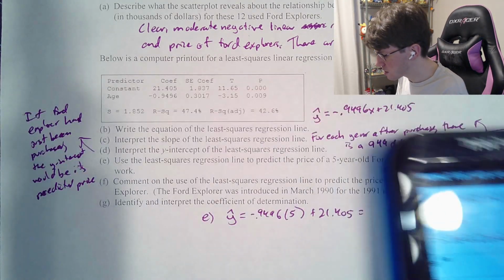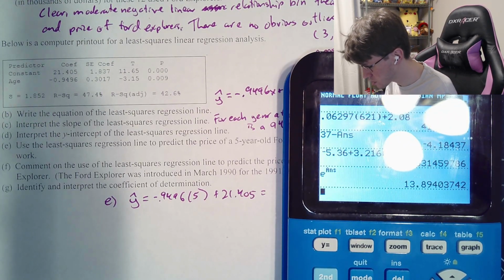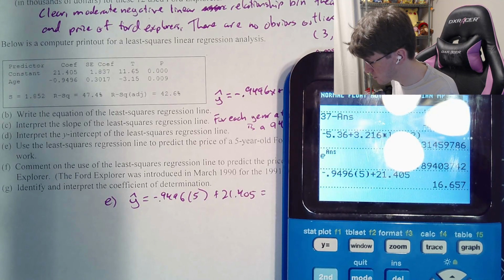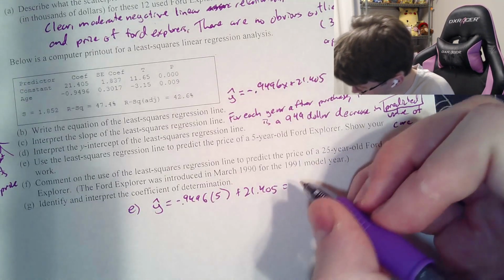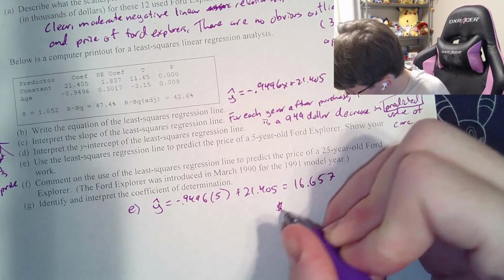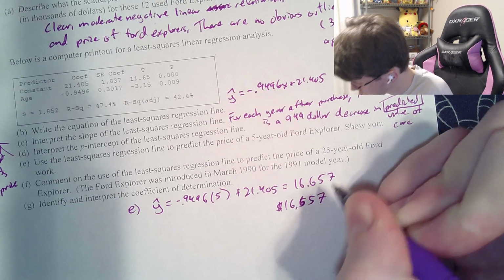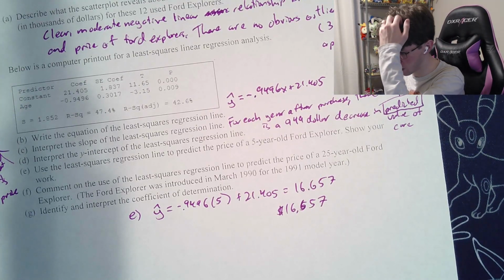Using our calculator, we got 16.65. Remember, this is in thousands of dollars, so we probably want to write that as $16,657, the predicted price of a Ford Explorer 5 years after you have purchased it.